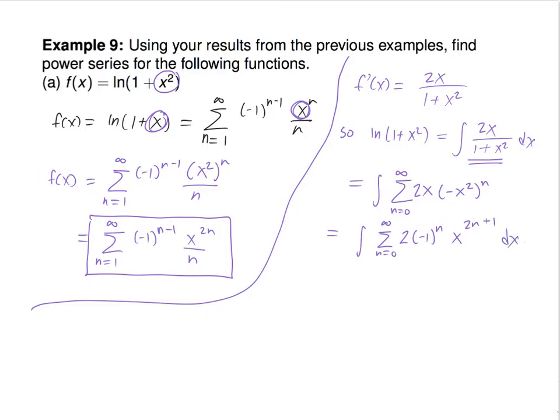Okay. Now, anti-differentiate x to the 2n plus 1. The sum from n equals 0 to infinity, 2, negative 1 to the n. You get x to the 2n plus 2 over 2n plus 2. And then what happens to the 2s?